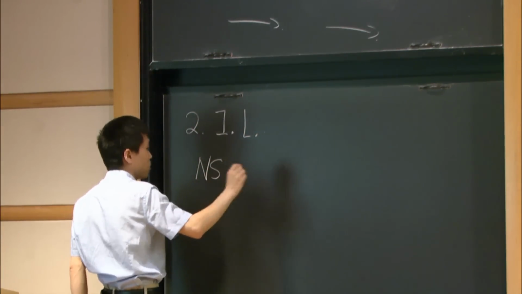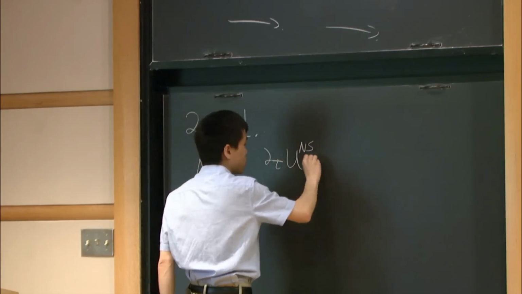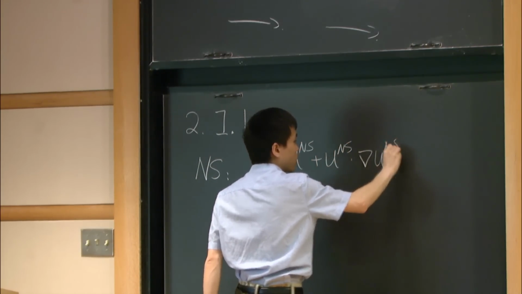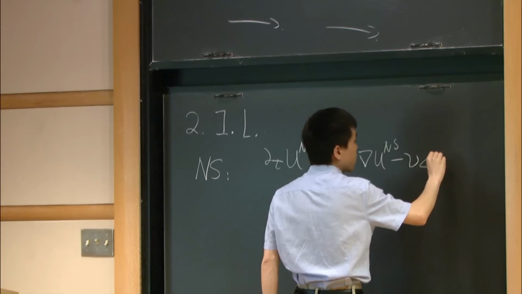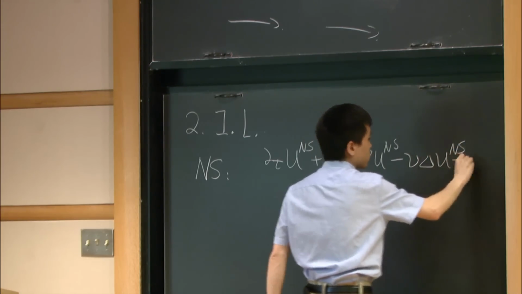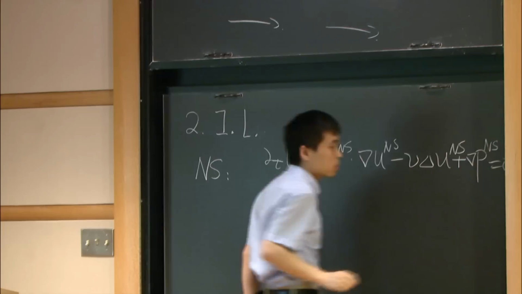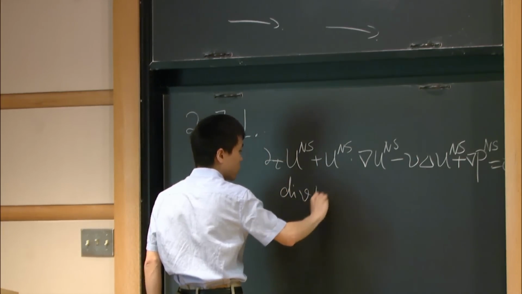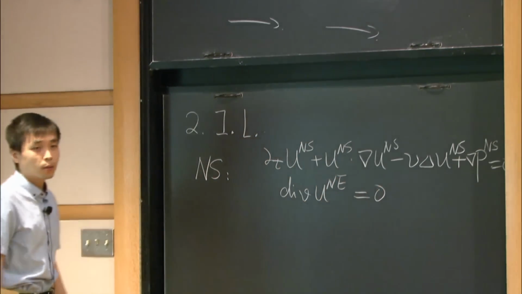Here, this is the Navier-Stokes equation: d_t u^ν plus u^ν dot gradient u^ν minus ν Laplacian u^ν, plus the gradient of the pressure, equal to 0. And we also have this divergence free condition, which means that the fluid is incompressible.